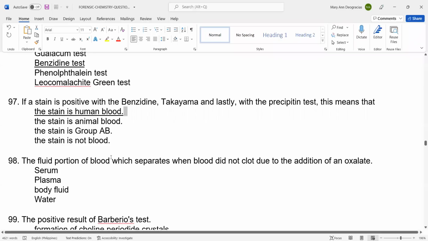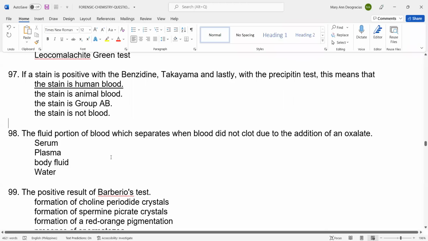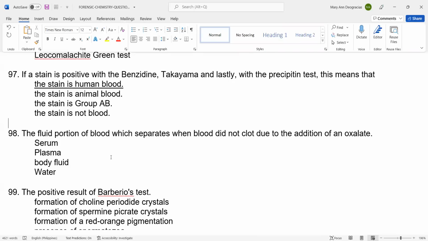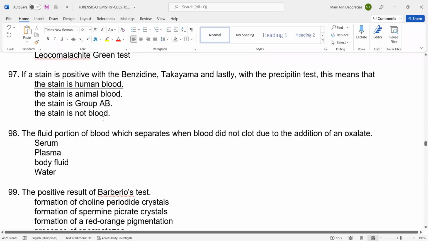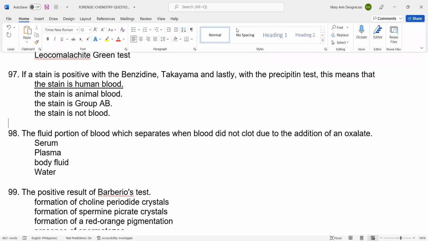Okay, next. The fluid portion of blood which separates when blood did not clot due to the addition of an oxalate. O, kasasabi ko yan kanina. Answer? Okay, serum. Ayan. O, yun lang naman eh, clot, hindi nag-clot.